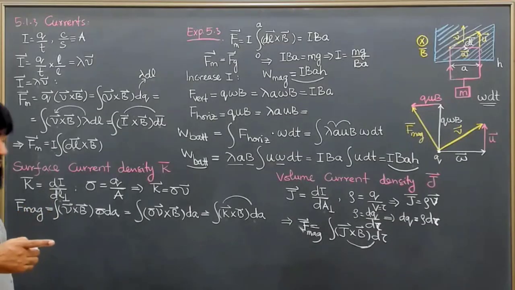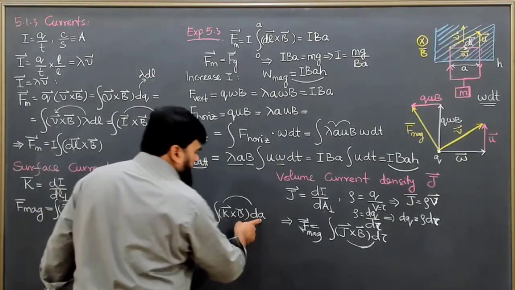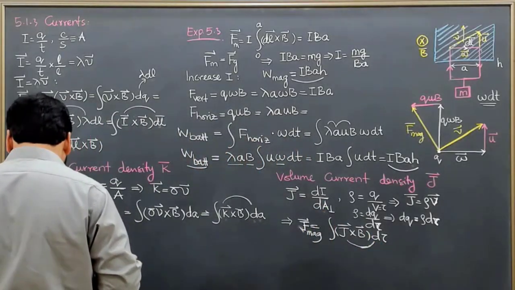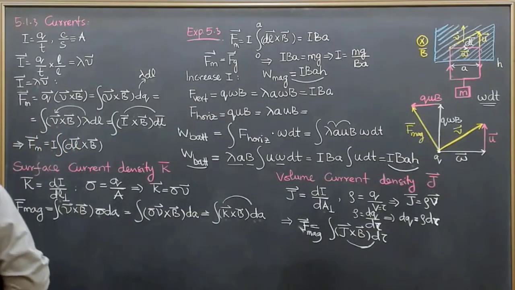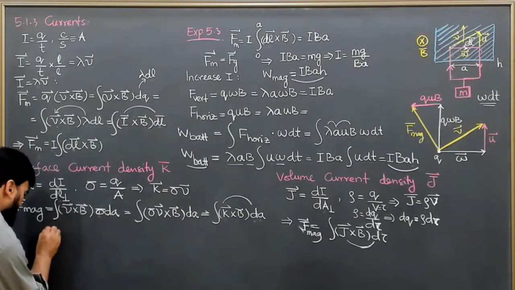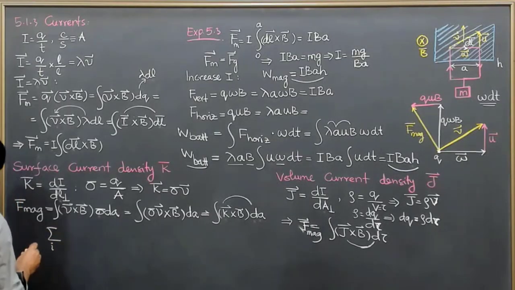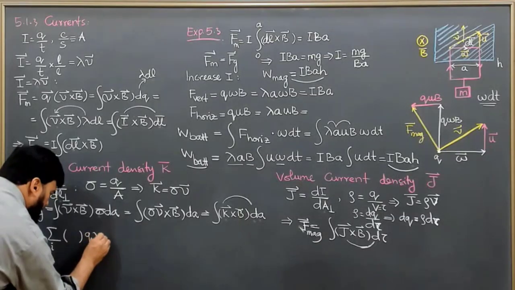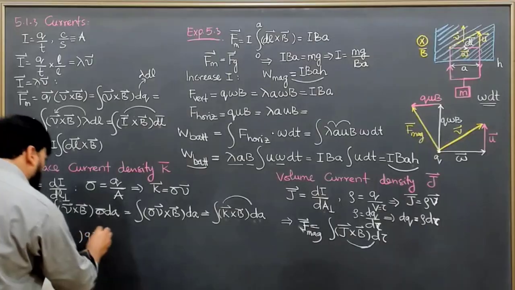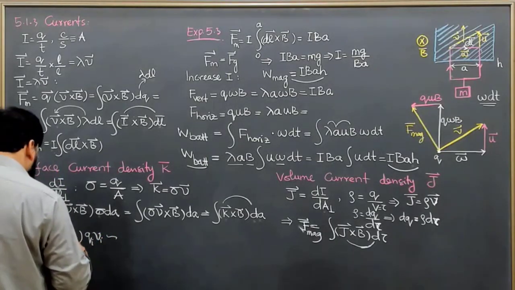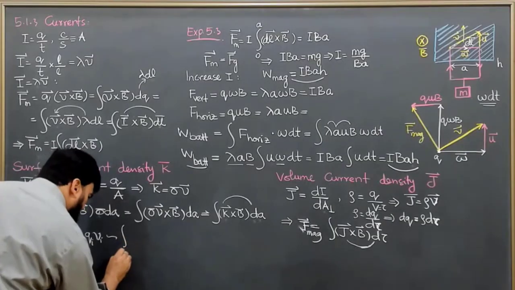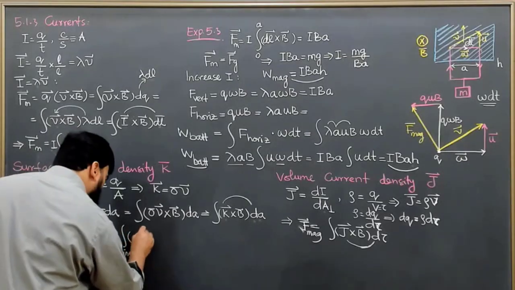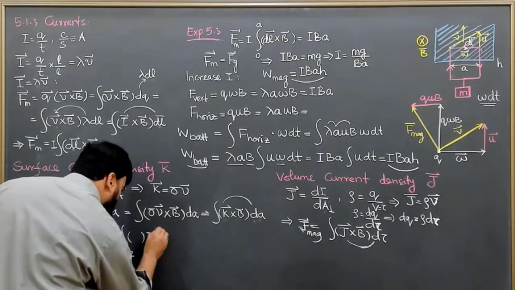So I with dl, K with dA, and J with d tau. So this is very symmetric. Like for example, for discrete charges, I can write summation over i of q_i v_i. Similarly, for the line, I can write the expression with I dl.